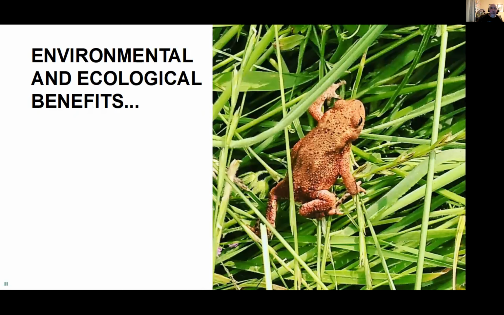And there are the environmental and ecological benefits: wildlife habitat, biodiversity, all that stuff we thought about in the tree session before, clean air, helping to restore the water courses, all manner of environmental and ecological benefits, all those earth care benefits.